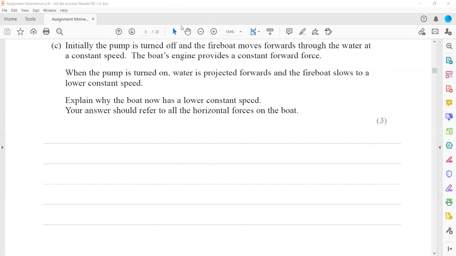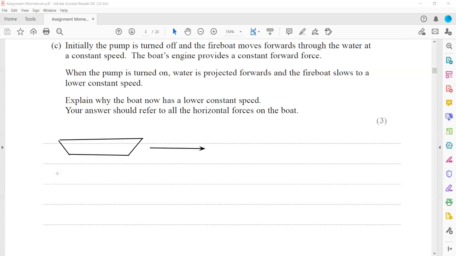So what they mean here in the question, initially the pump is turned off. So the pump is not working, the fireboat is moving forward. It was moving forward at a constant speed. Speed was not changing. The boat engine provides a constant forward force.